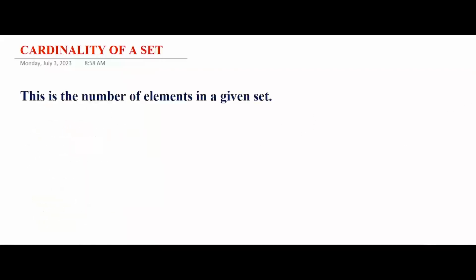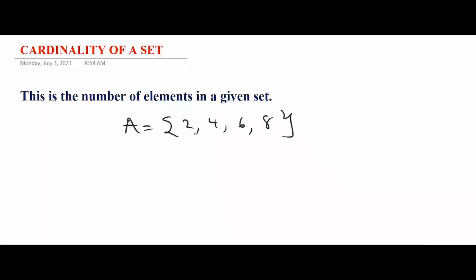The first one is cardinality of a set. This is the number of elements, or the number of members, in a given set. Take for instance, you have set A equals 2, 4, 6, and 8. In this case we have 4 elements there, so that is the cardinality.